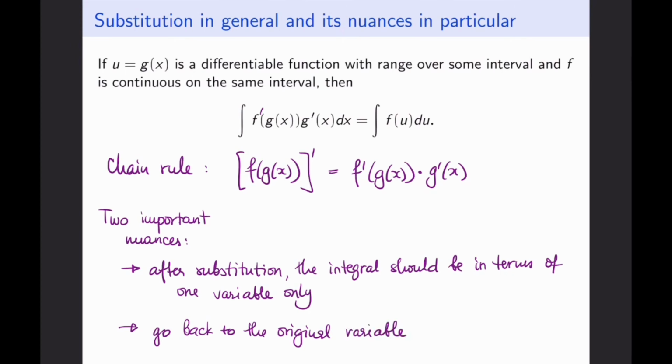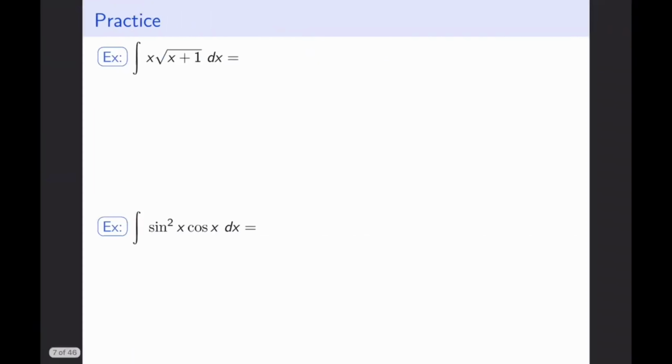And that is because your choice of substitution might be different than another person's choice of substitution. If all I have is the integral at the beginning that is given in terms of x, then my answer should correspond to that.